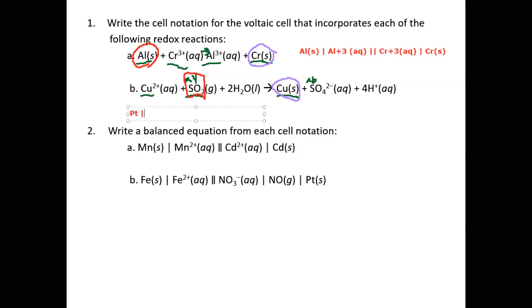That's our inactive electrode, single line, SO2 gas, single line, H2O liquid, single line, SO4 2 minus aqueous, comma, because H plus is the same phase as SO4 2 minus, H plus aqueous, then our salt bridge, and then we have copper 2 plus aqueous, single line, copper.